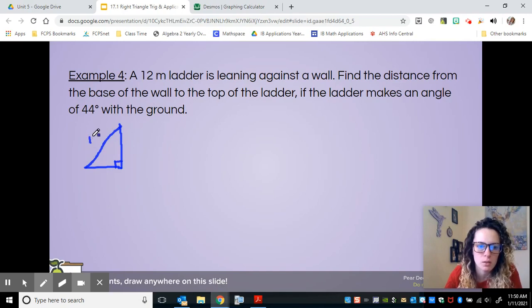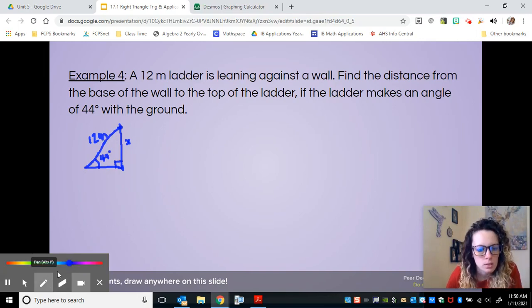So this is my 12 meters. We're finding the distance from the base of the wall. So this is the base of the wall to the top of the ladder. So I'm looking for this distance. If the ladder makes an angle of 44 degrees with the ground. So with the ground and the angle between those two, that's where the 44 degrees is.